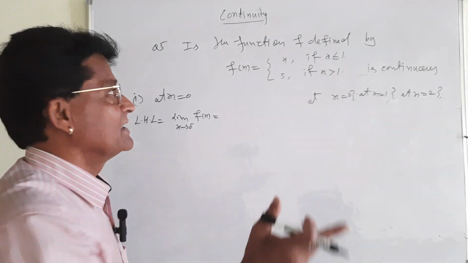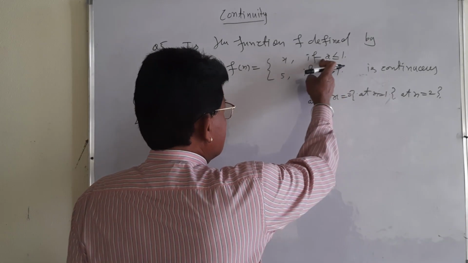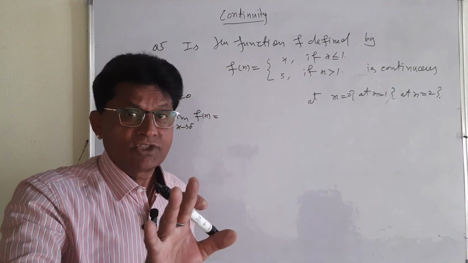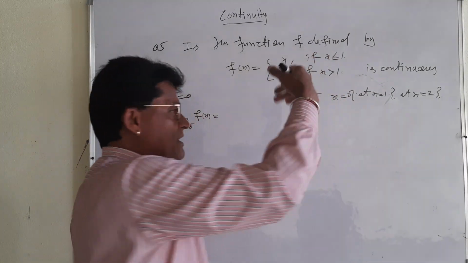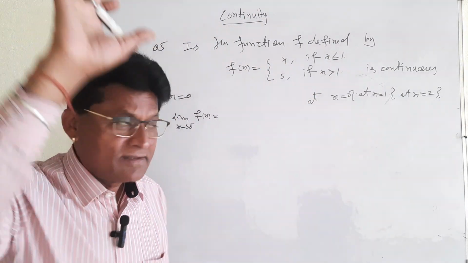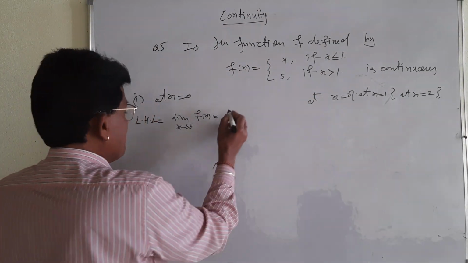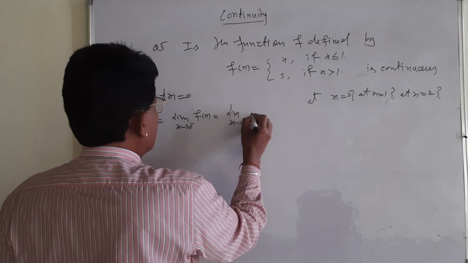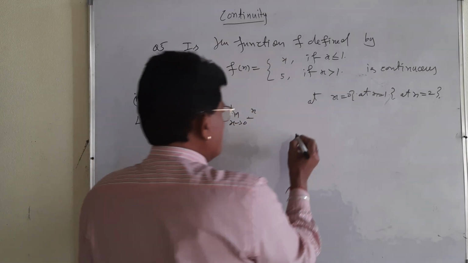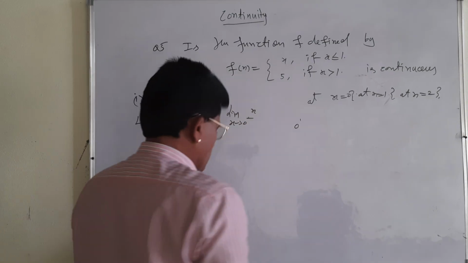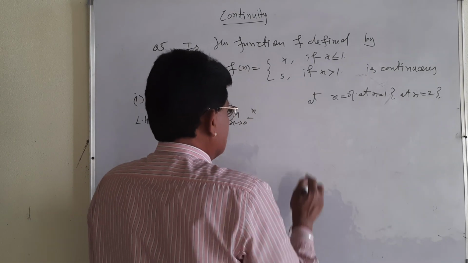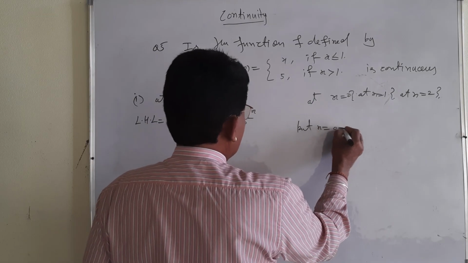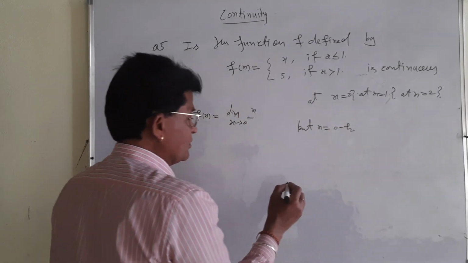What will be its function? It will be less than 1. There is no condition that it will be greater than 0. It is less than 1, there will be any value less than 1. That is why its function will be f(x) = x. Limit x tends to 0, left limit function will be x. I have already told you this procedure. I am going to put the same formula so that you will be comfortable to understand.